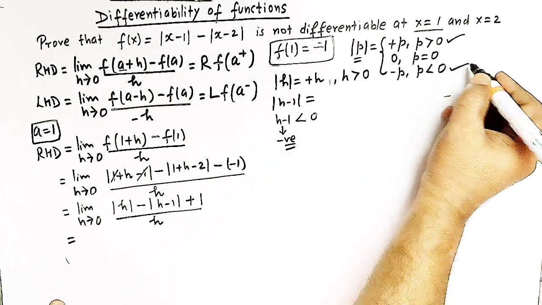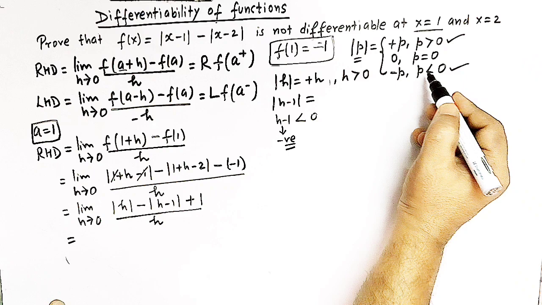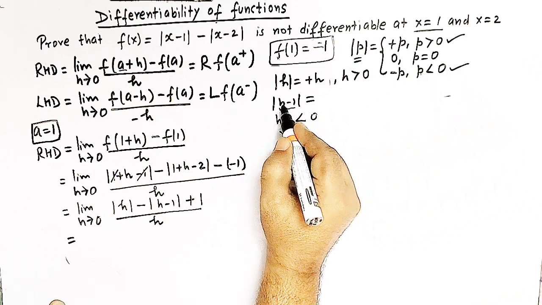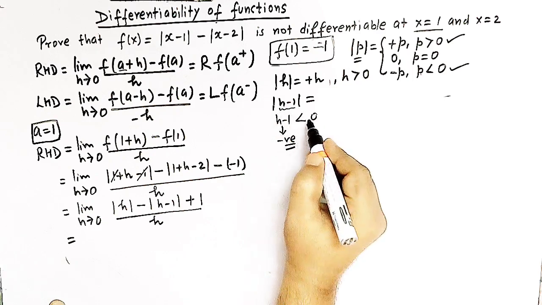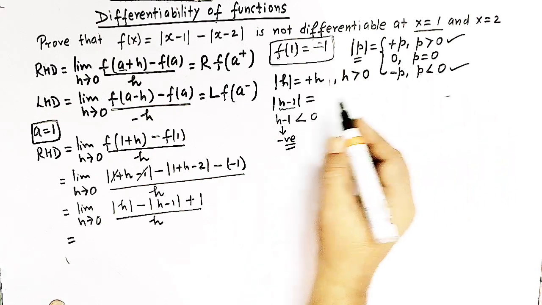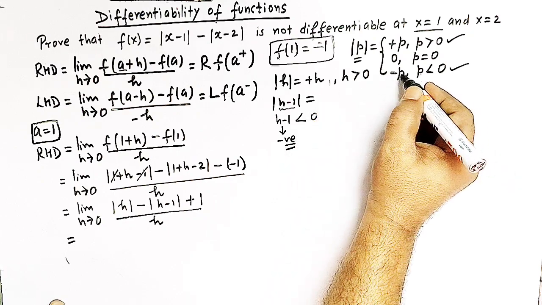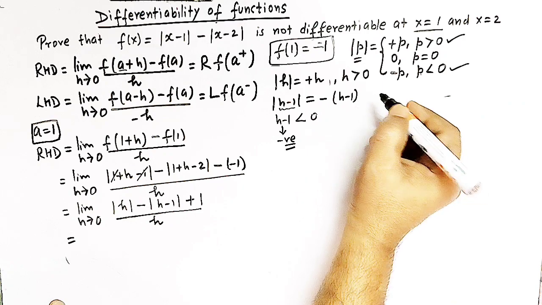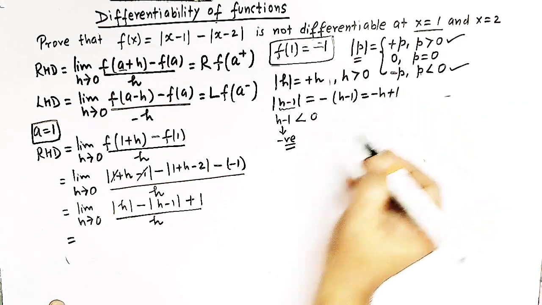So due to this definition, that is mod of p is equal to negative p when p is less than 0, here we can take p as h minus 1, and h minus 1 is negative, that is it is less than 0. So mod of h minus 1 is now equal to, due to this definition, negative of h minus 1, right? So we can now write here minus h and plus 1.